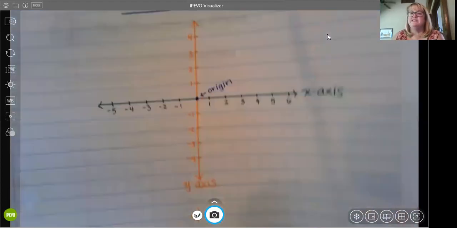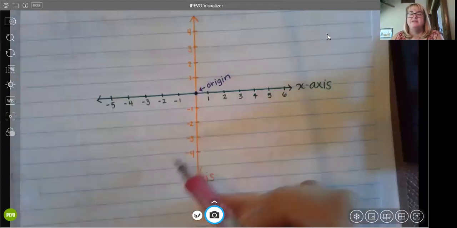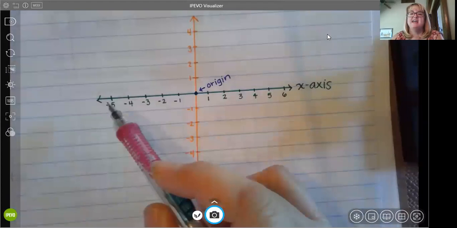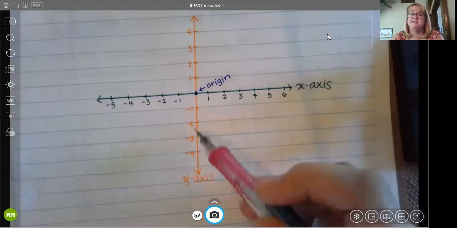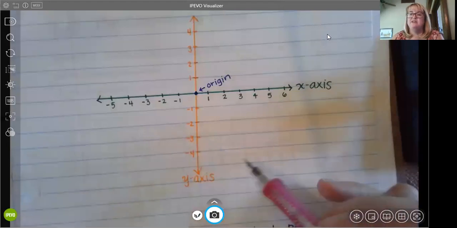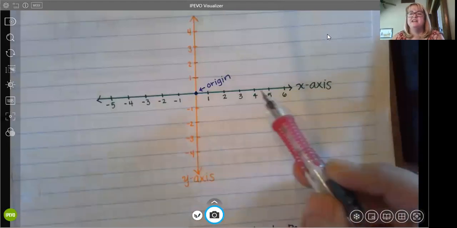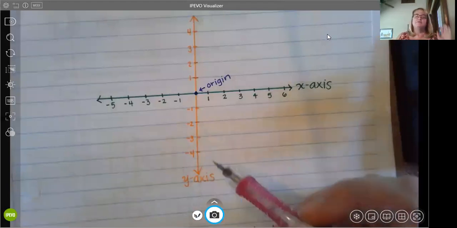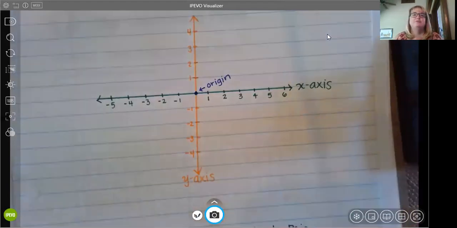The third quadrant is down here, and it has the negative numbers on the x-axis and the negative numbers on the y-axis. And then the fourth quadrant is here. We've got the positive numbers on the x-axis and negative numbers on the y-axis. It's not really important that you memorize that. You'll get to working with these and it will make sense.